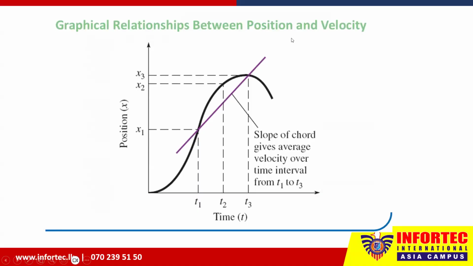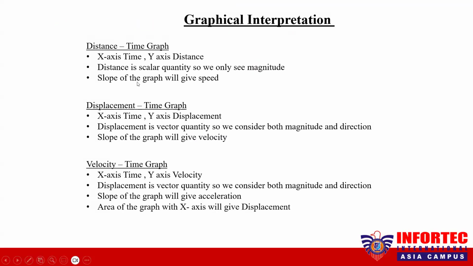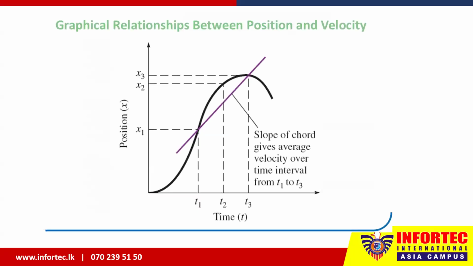Here, the graphical relationship between position and velocity. This is the time and position graph. In the previous slide, we explained that in the distance-time graph, the slope gives us the speed, but the displacement-time graph gives us the velocity, right?